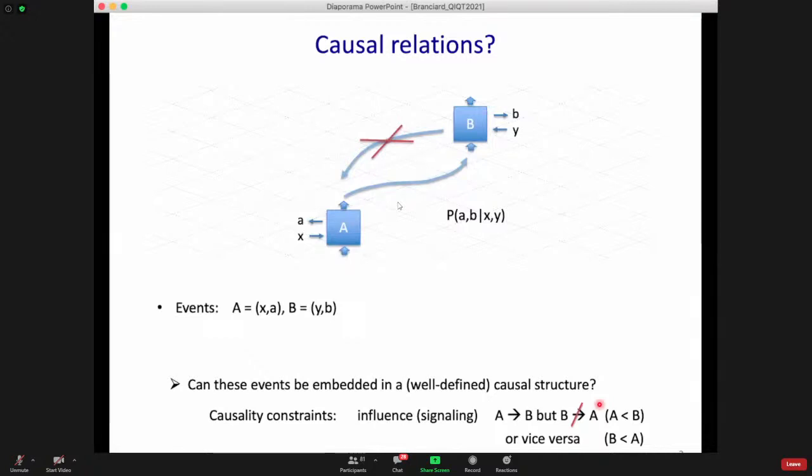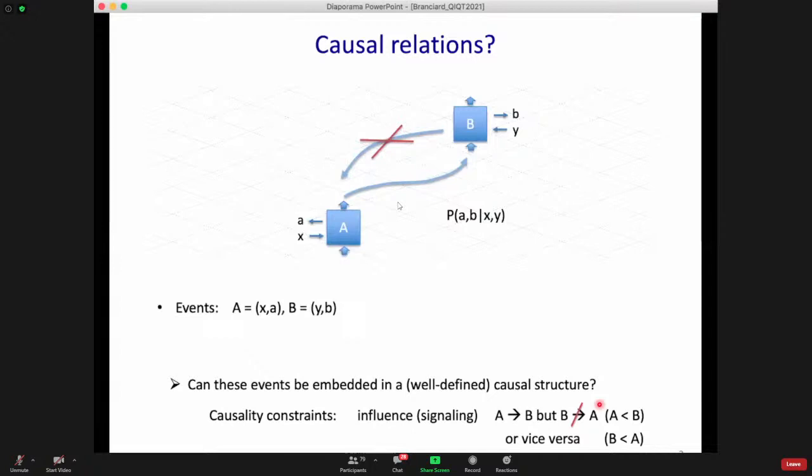Or of course, vice versa, if I have a well-defined causal relation where B comes first and then A. So that's essentially the question that we're asking. Can we say that those correlations are produced according to some well-defined causal structure in this sense?